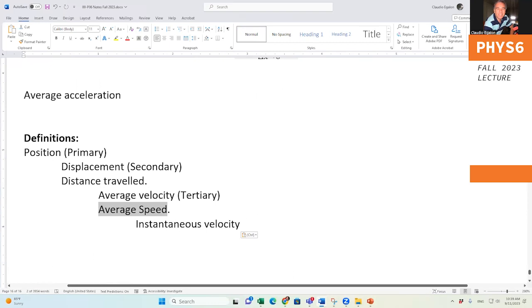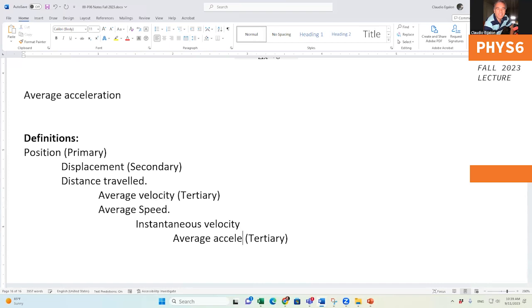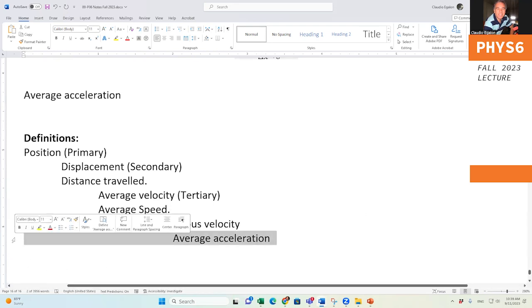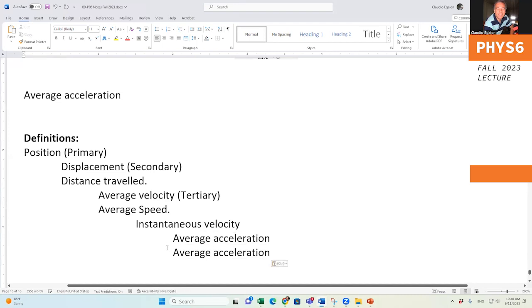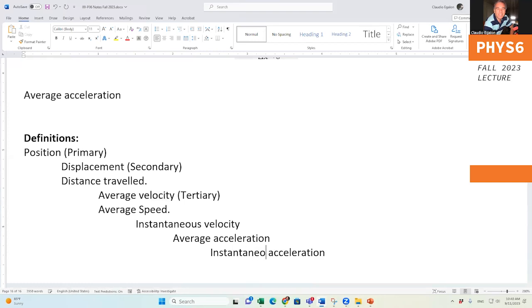That's why I'm putting that in this progression. The same thing applies to average acceleration. We need the definition of instantaneous velocity to define average acceleration. And by the same token, we also have the definition of instantaneous acceleration.